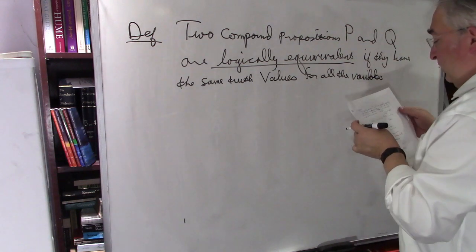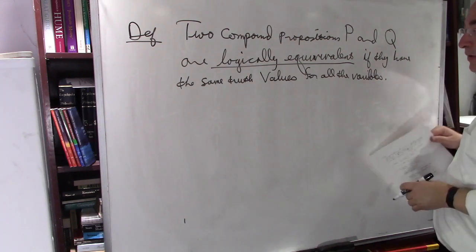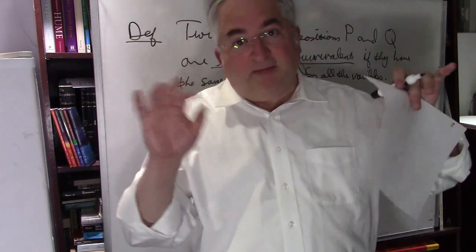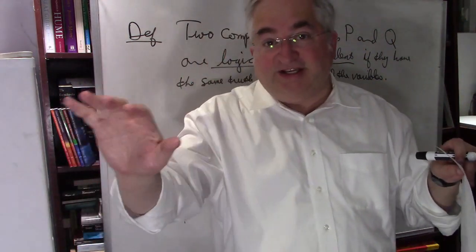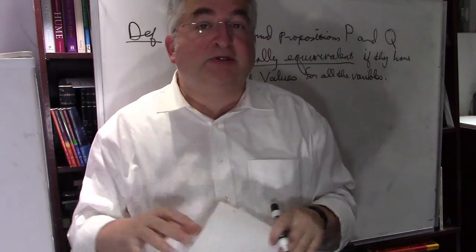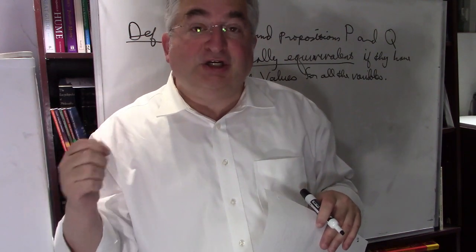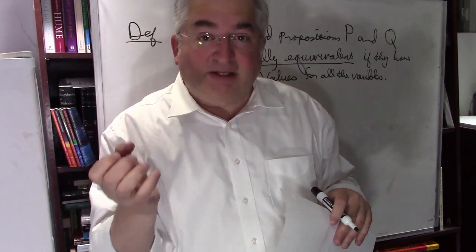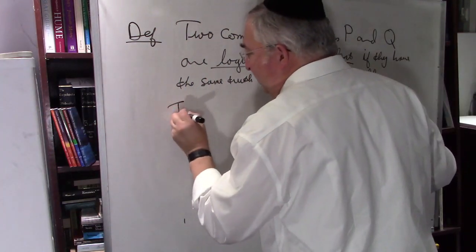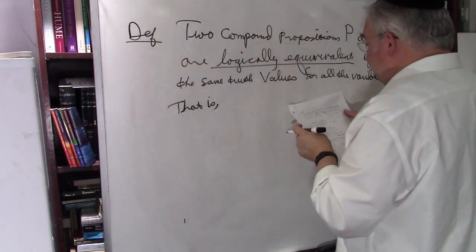Okay, I'll explain what that means. Look, these two formulas are made up of different variables. Well, if you plug in the same true or false into these variables, and you plug in the same true or false into these variables, you get the same final result. So again, they're not the same statement, but they're logically equivalent.